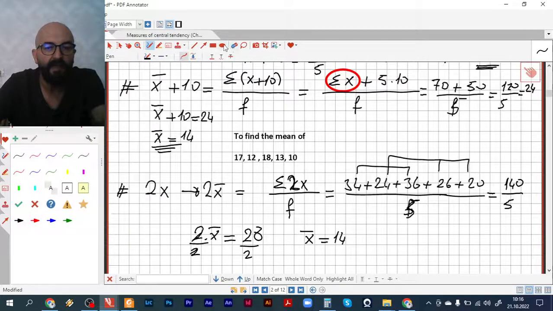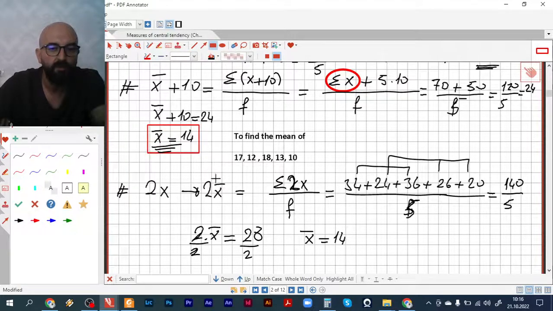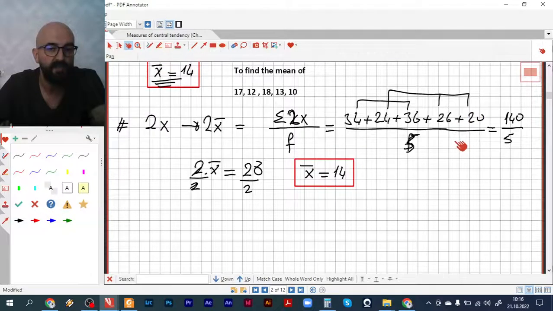Please remember that it is the same value as the previous process, and it doesn't change. And I want to show another thing.